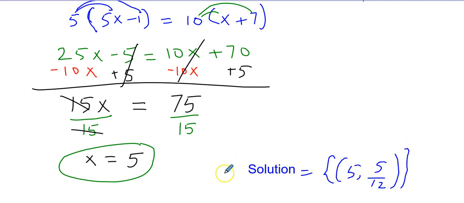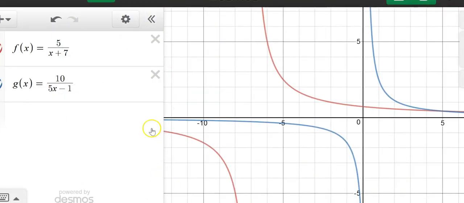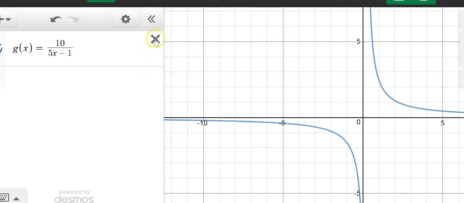Okay, now we will verify this by drawing its graph using this Desmos graphing calculator. Let us verify.